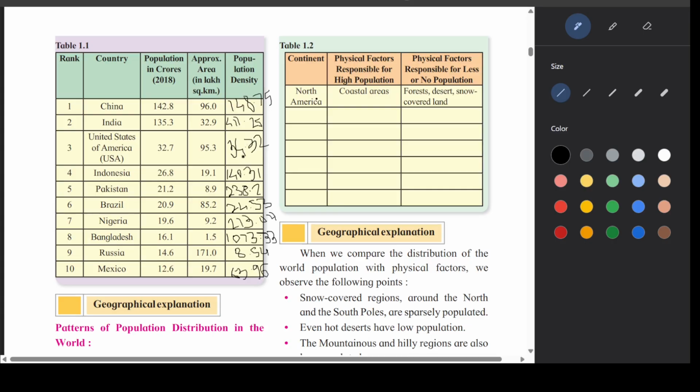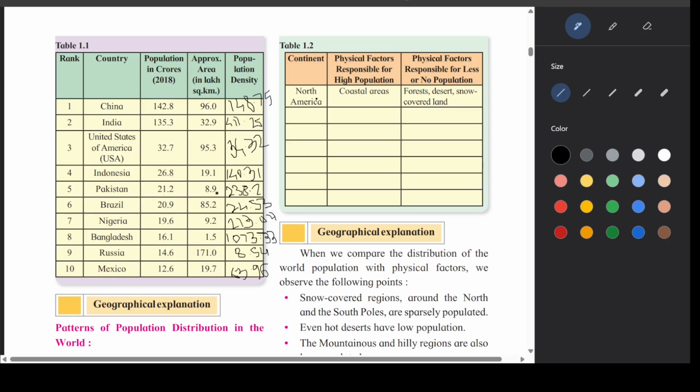Its density is 34.32. Indonesia. Population is 26.8 crore and area is 19.1 lakh square kilometers. Its density is 148.31. Pakistan. Population is 21.2 crore and area is 8.9 lakh square kilometers.